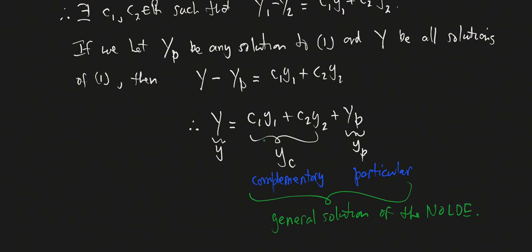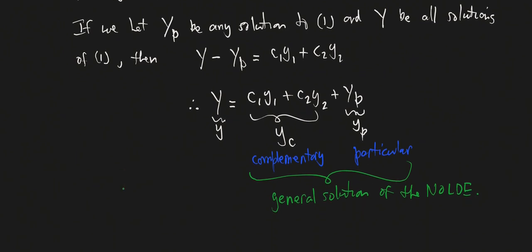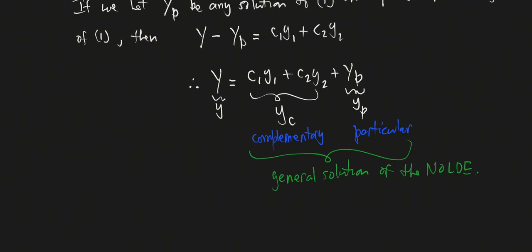And this is another version of the superposition principle, but this is the superposition principle for non-homogeneous linear differential equations. All right, so let's state the theorem. I know that the argument seems a little circular, but it gives us what we want.